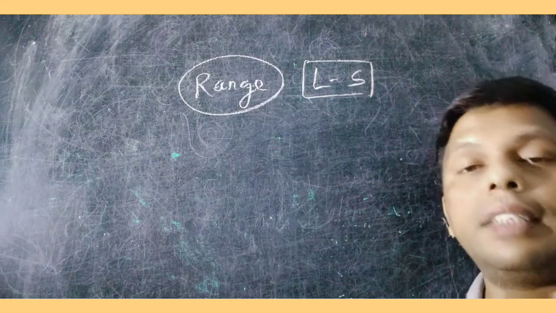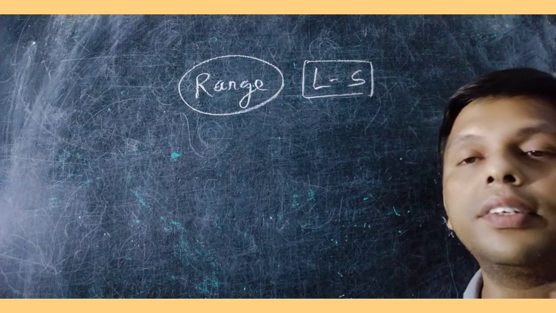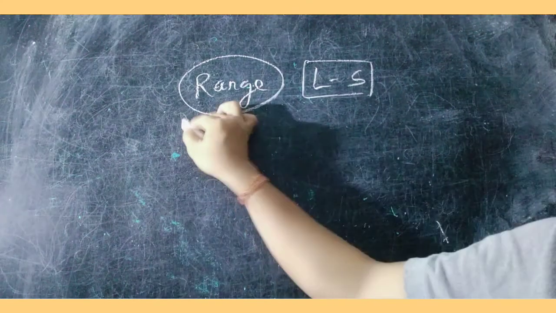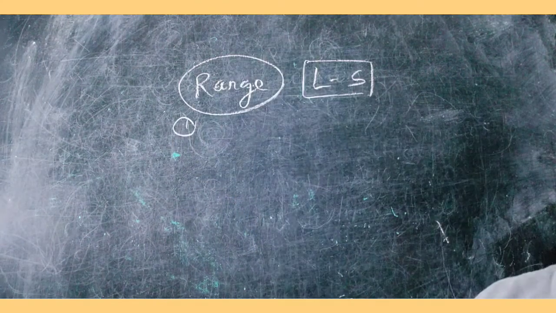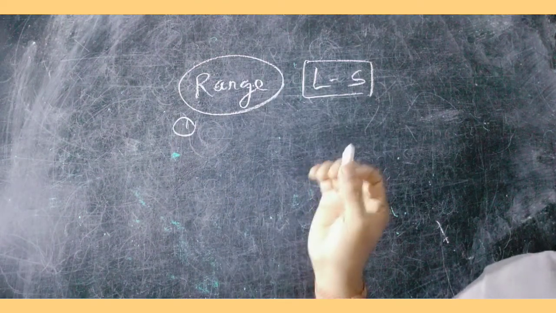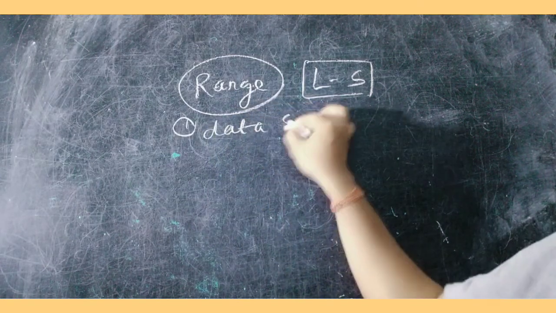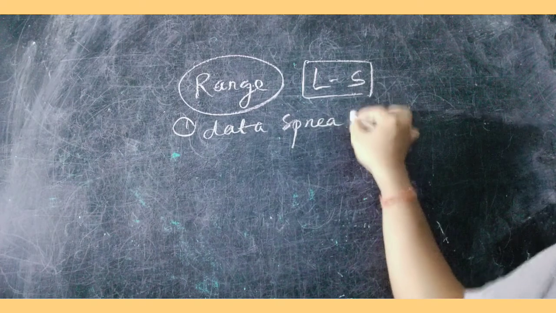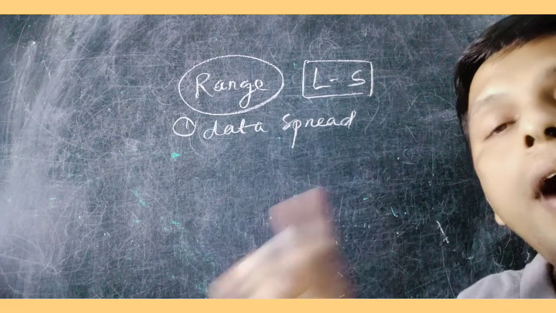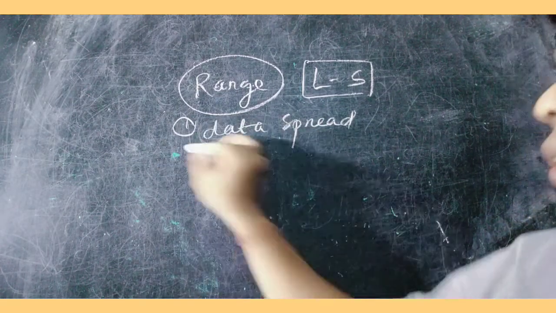Why is range essential in statistics? The first need of range is that it can describe the data spread, indicating the spreading of data, or the first measure of dispersion.